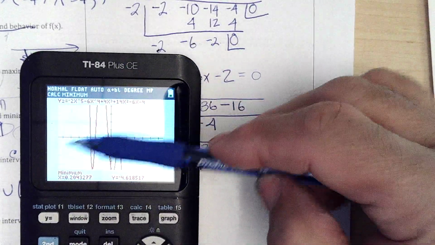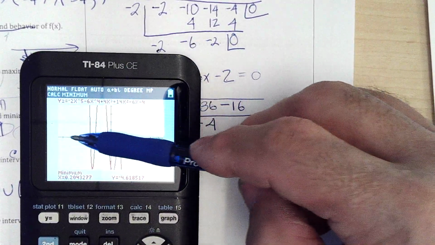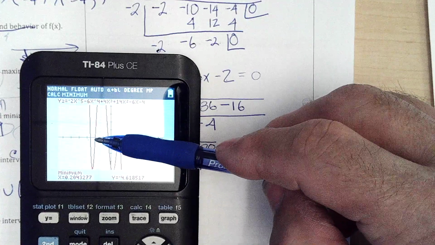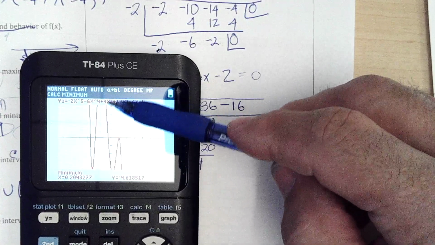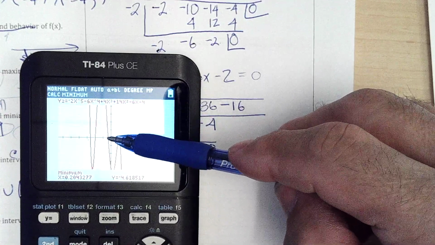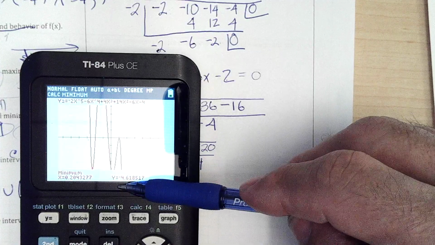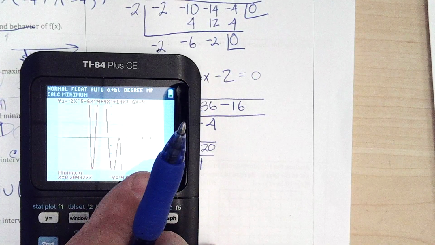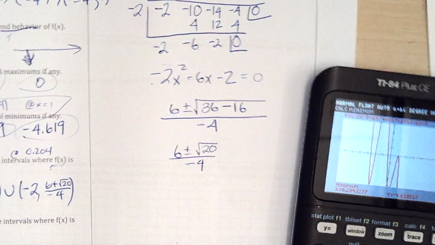So it was positive for all these x's, negative for those x's, then positive for these x's, then negative, 0, and negative, and so we only wanted positive, so we're done.